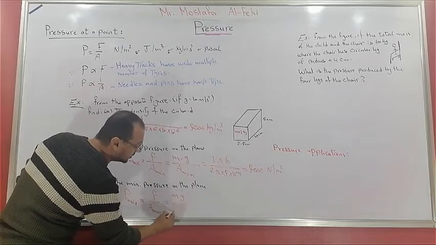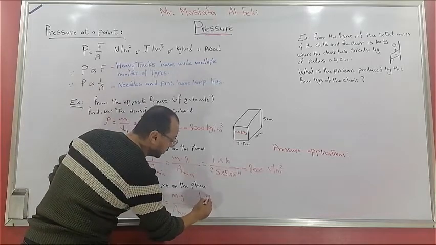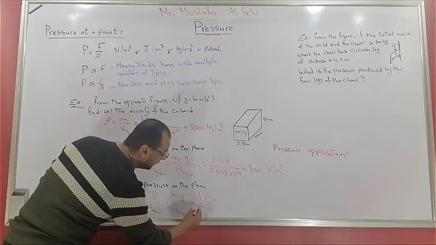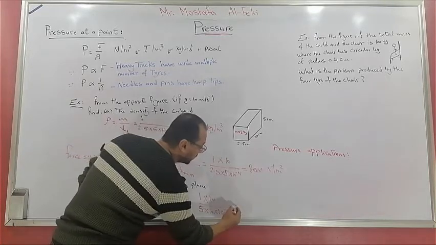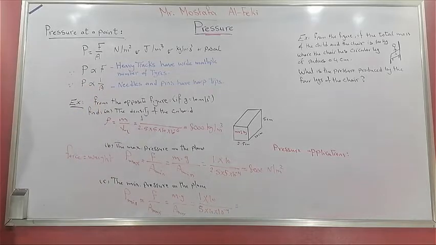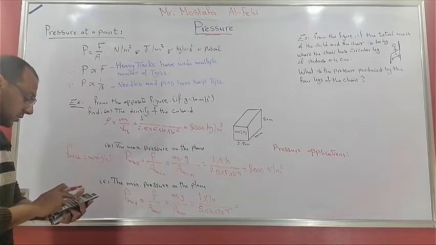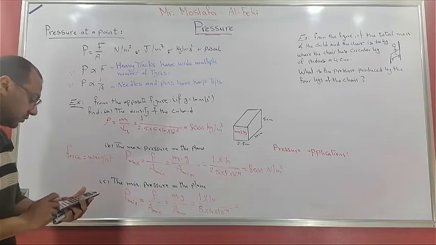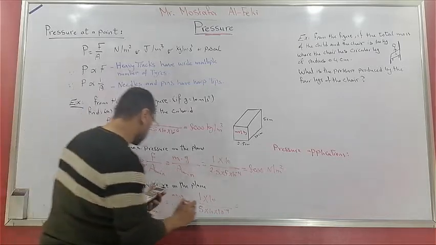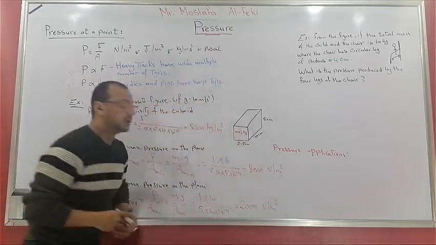Then mass times gravity divided by the big two dimensions: 1 times 10 divided by 5 times 10 times 10 power negative 4 equals 2,000 Newton per meter squared.